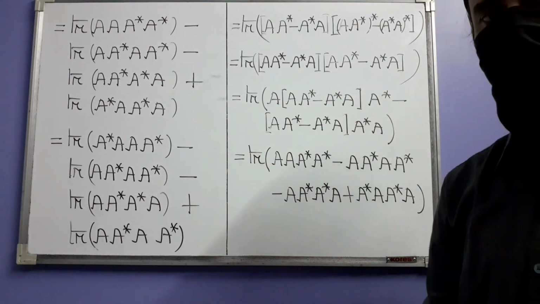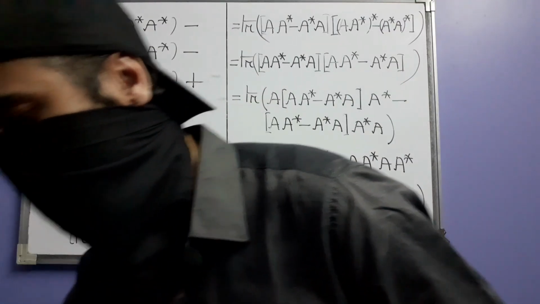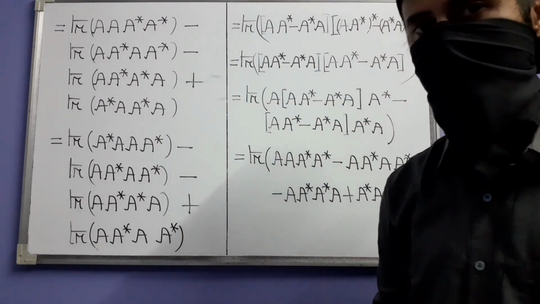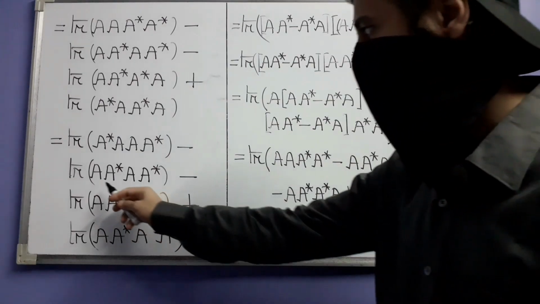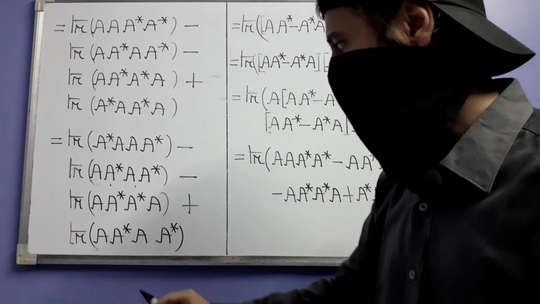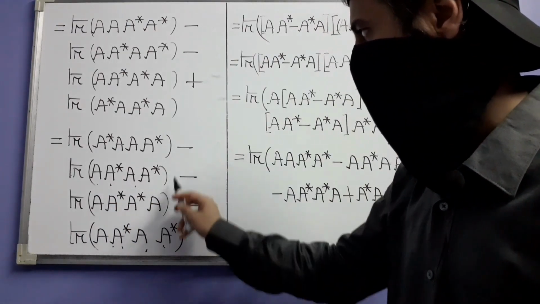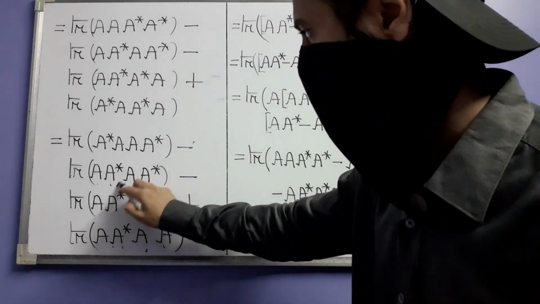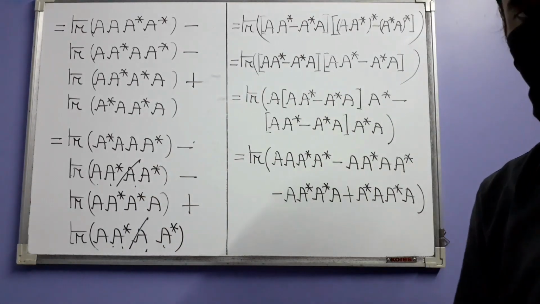Now what do you see here? Now you see that two terms have become identical except for their signs. A star, A star, A star, A star. This is minus, this is plus. So that means they are gone.